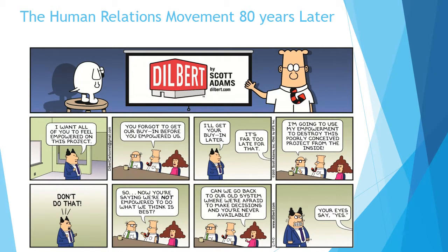One of the outcomes of the human relations movement, of course, was the concept that employees should be more empowered. As you can see, there's still a gap between theory and practice.